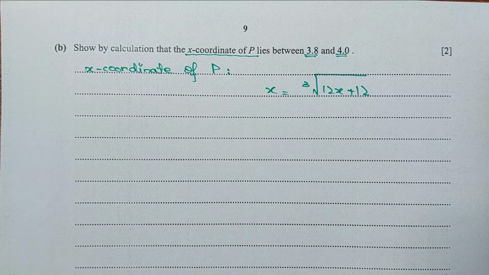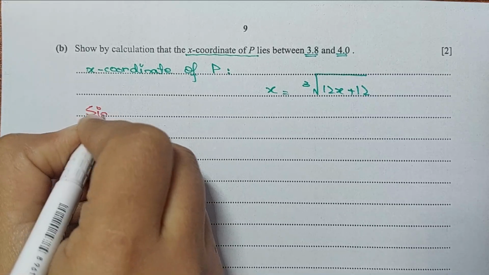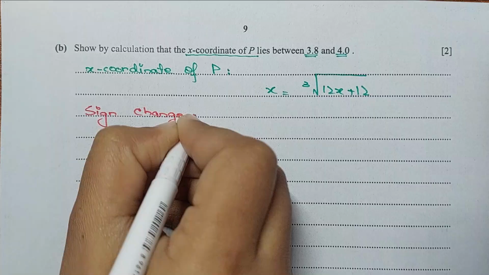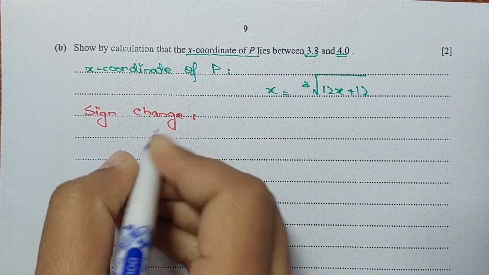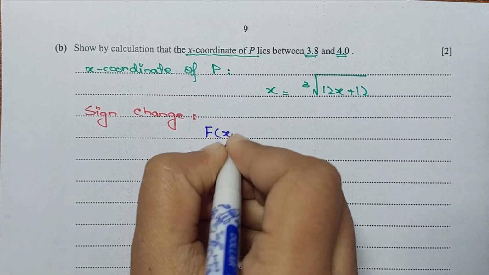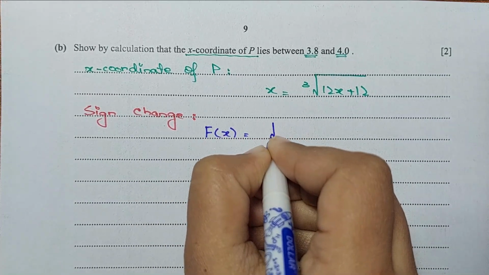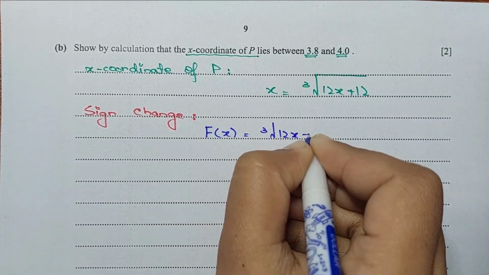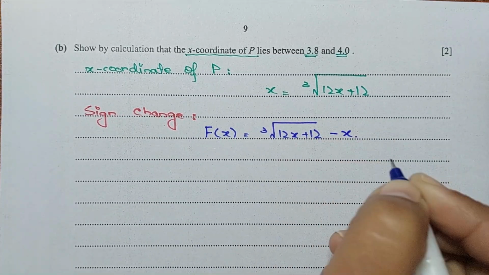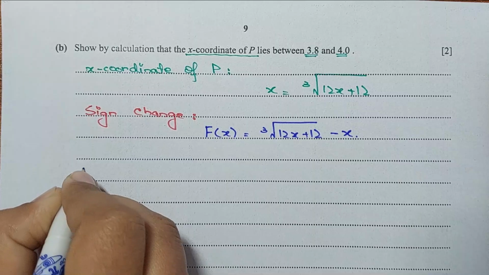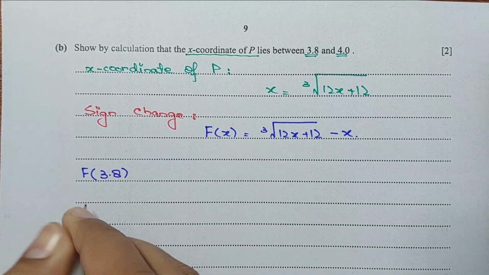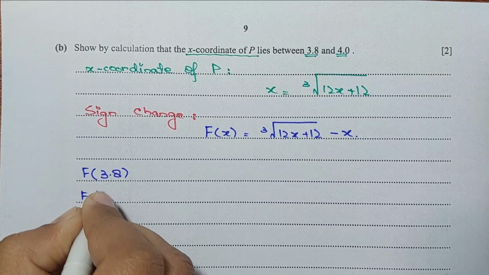So we have to use the sign change. We make a function f(x), which is the cube root of 12x + 12, and shift x to the other side, minus x. Now we have to check the function value at 3.8, and the function value at 4.0.